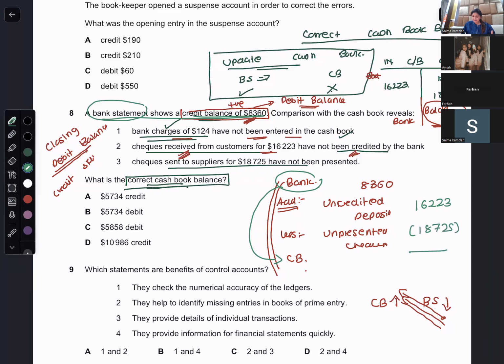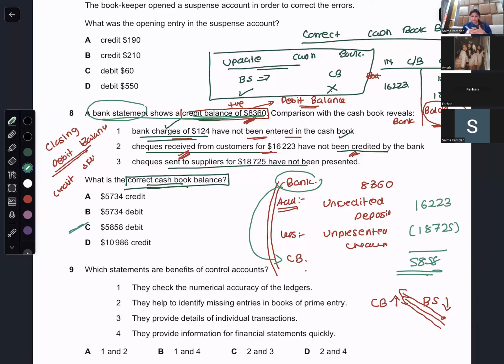So can you give me the balance as per cash book? 5858. The answer is C, 5858 debit.